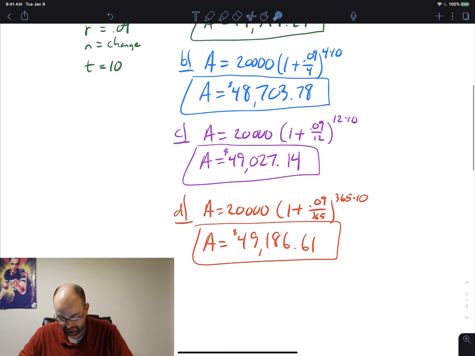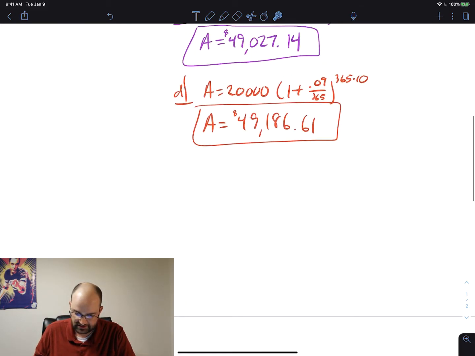Not very much. And then going from 12 to 365, still more than tripling, we're actually only increasing by around 160 bucks. So we're actually decreasing the amount that we're increasing over time as the number of compounding events increases.